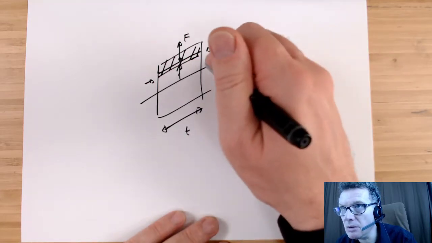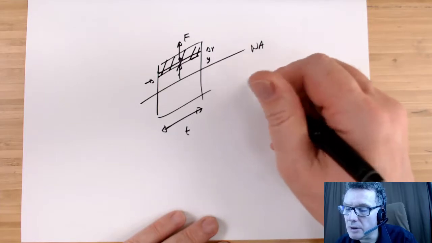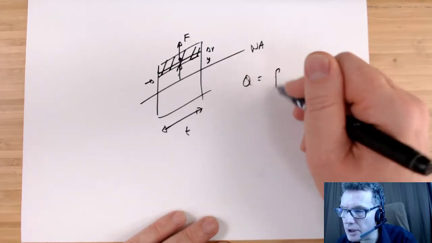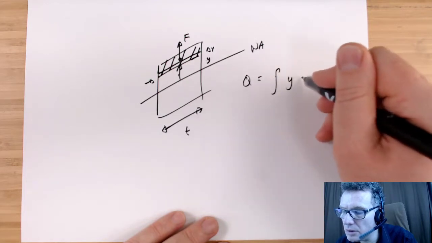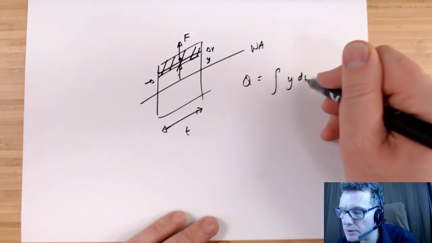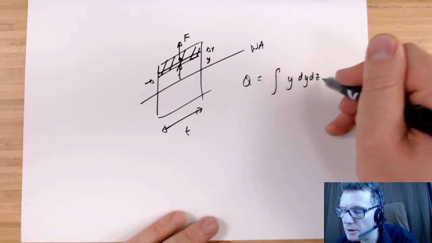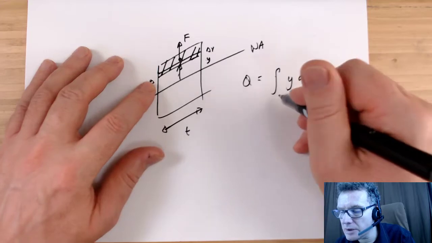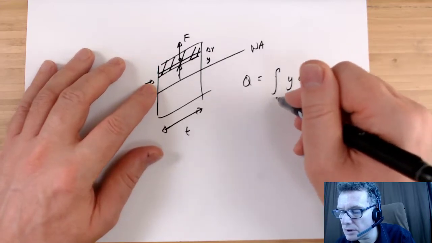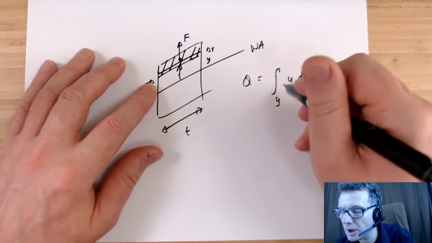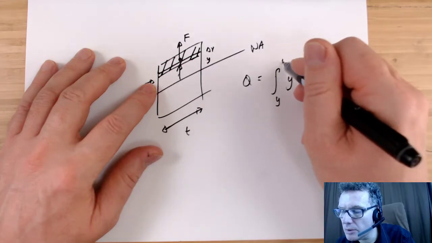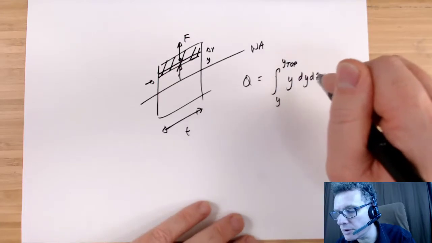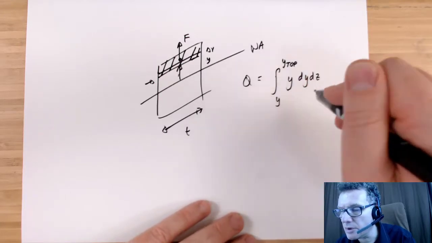So the Q is going to be the first order integral of this area, delta y, delta z, where we're looking at the start location and we're going all the way to the top, let's say if we're above the neutral axis. So that's what the Q is.